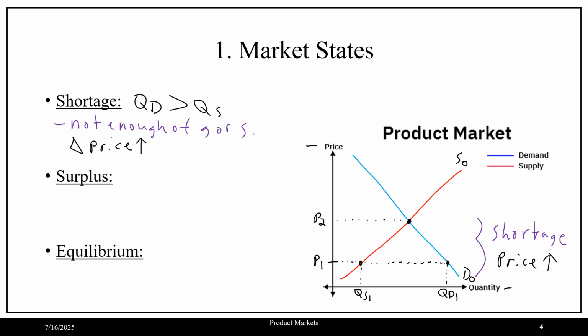happens. Well, at a price of P2, they are no longer in a shortage, and this is where quantity supplied is going to be at QS2, but that's going to be the same place where quantity demanded is happening. I'm going to put that as QD2. This is a particularly special part of the market in that we have reached equilibrium.